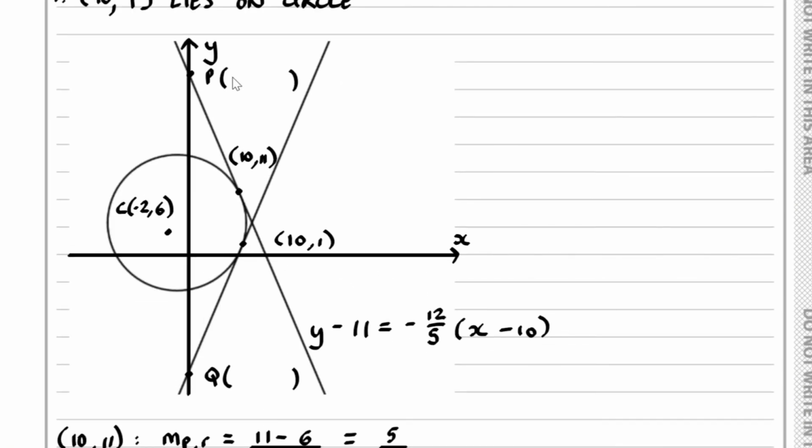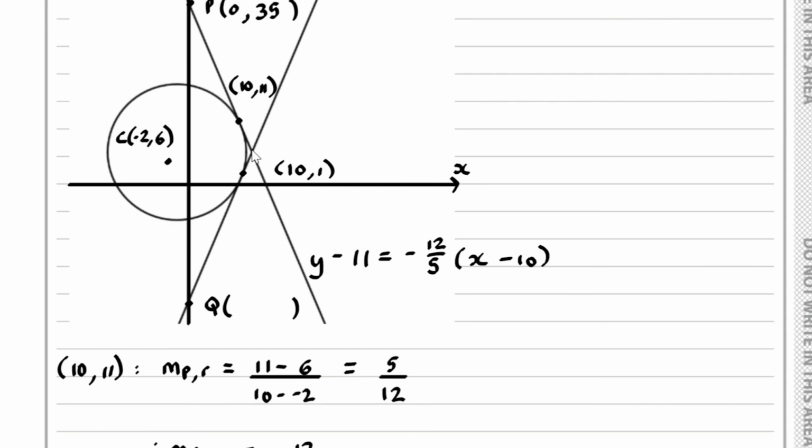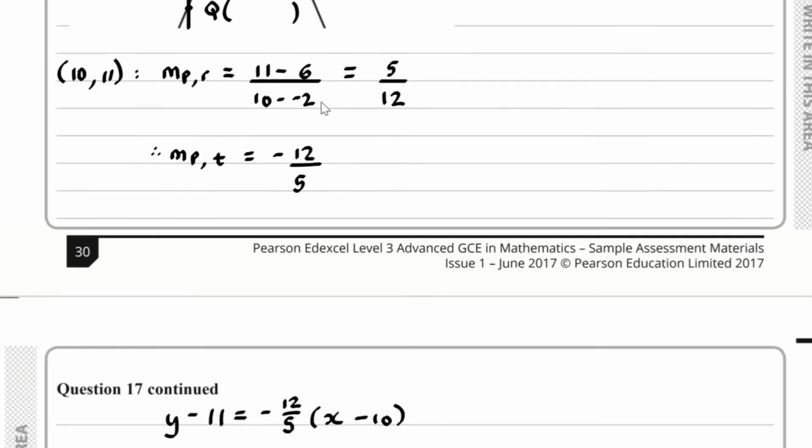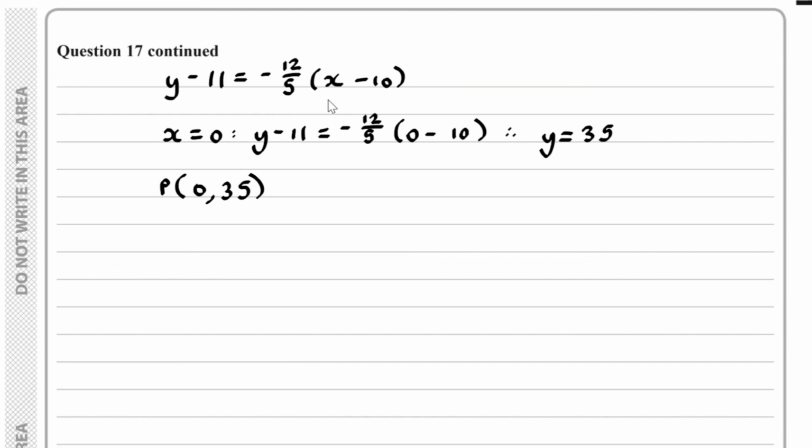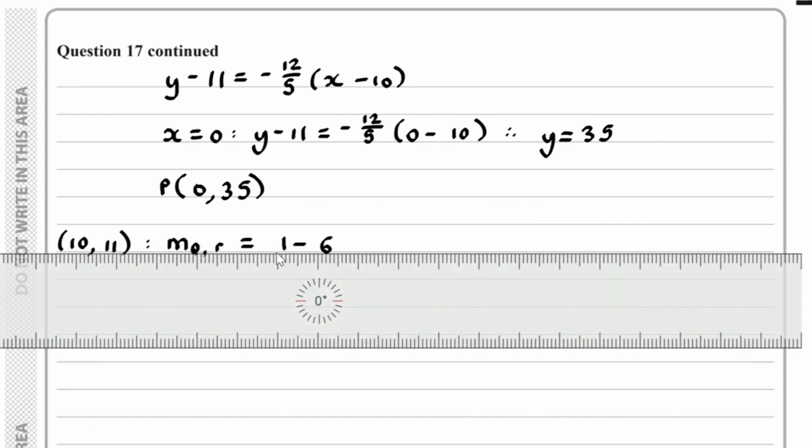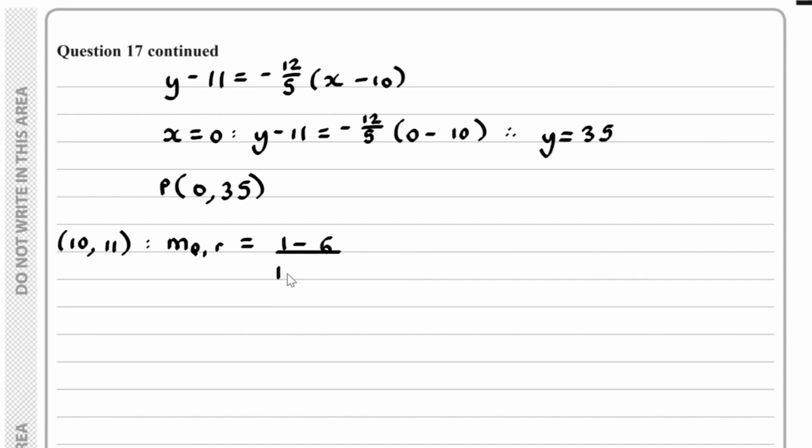So we've got 0 across, 35 up. We can do a similar thing with this tangent here. So if I consider the point 10, 1, the gradient of the radius is equal to 1 minus 6 divided by 10 minus 2, which is equal to minus 5 over 12.